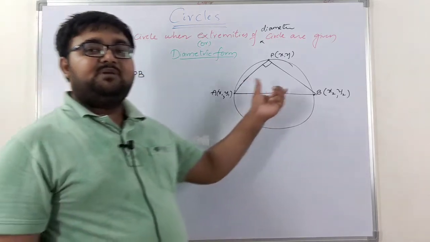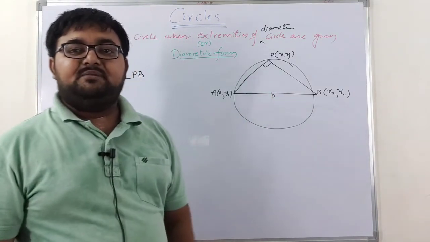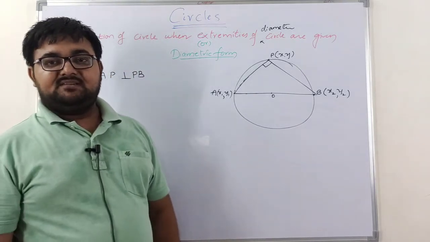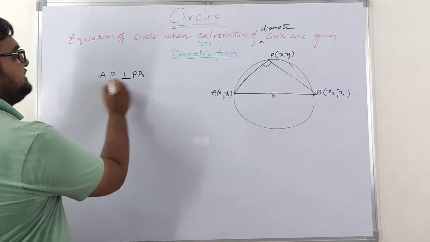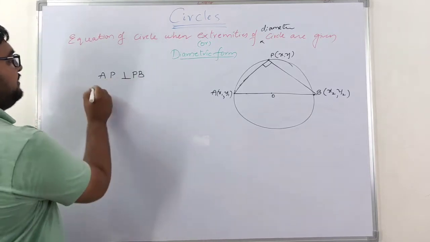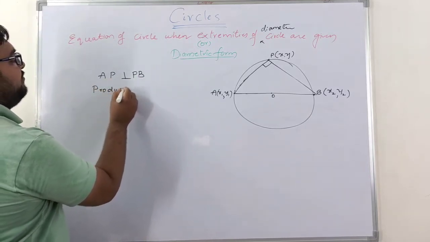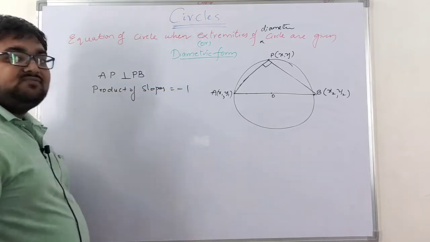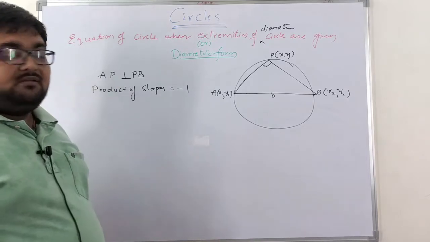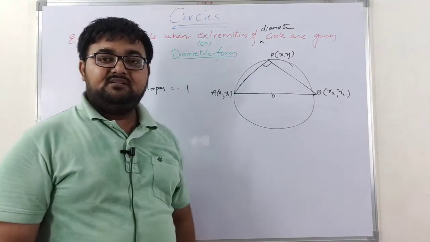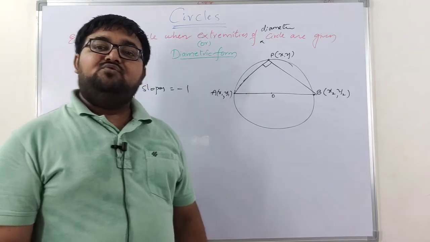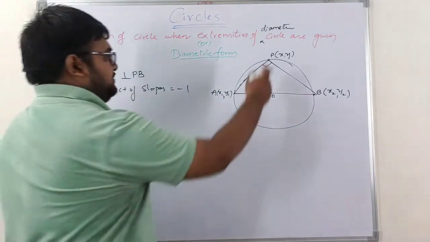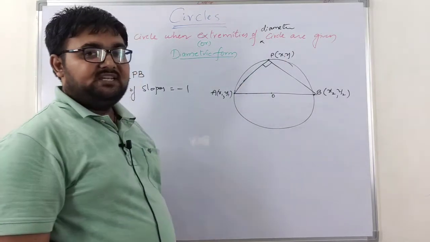When two lines are perpendicular, the product of their slopes is equal to minus 1. Since AP is perpendicular to PB, the product of slopes is minus 1. Since two points are given, we can use the two-point formula for the slope: y2 minus y1 by x2 minus x1.